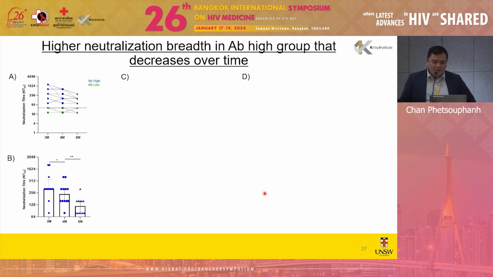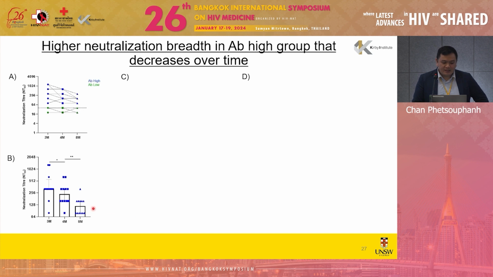So we had 12 patients from ADAPT that we defined as being antibody high, and these were defined as having a neutralizing titer greater than 40, and 12 individuals that were termed antibody low, and these people had neutralizing antibody titers of equal to or less than 40. And you can see even in the antibody high group, their neutralization titer decreases over time.